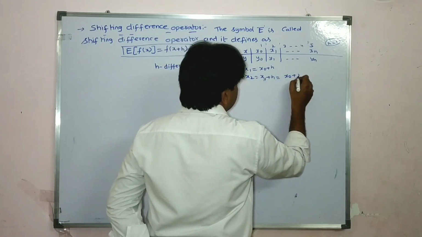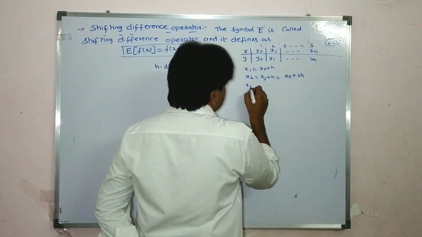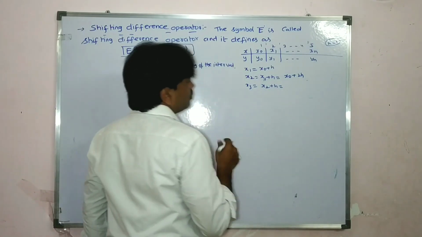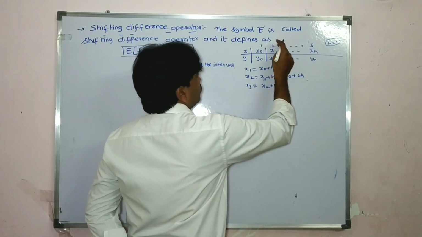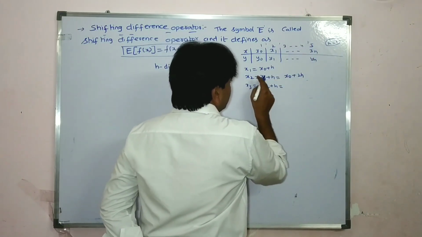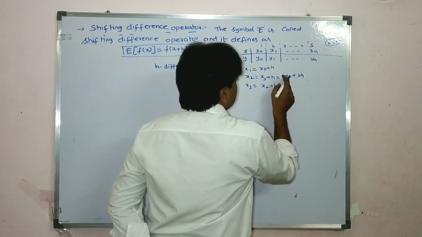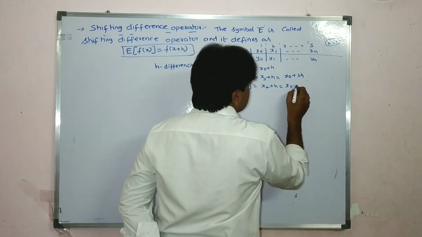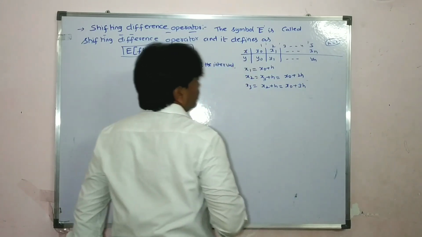So we get here x0 plus 2h. x3, students, is x2 plus h. See, students, 1, 2 plus 1, 3. 3 plus 1, 4. So x2 is x1 plus h, which is x0 plus 2h. x3 means x2 plus h, so it can be written as x0 plus 3h.